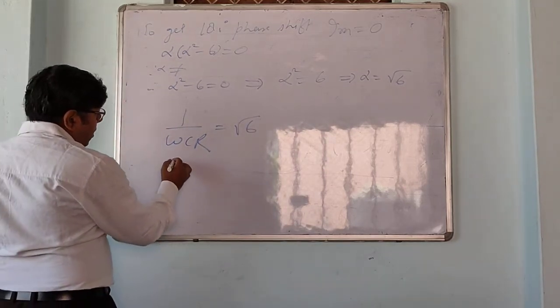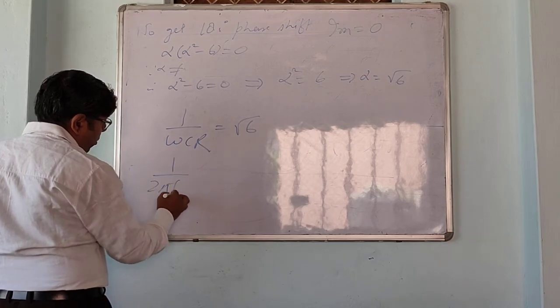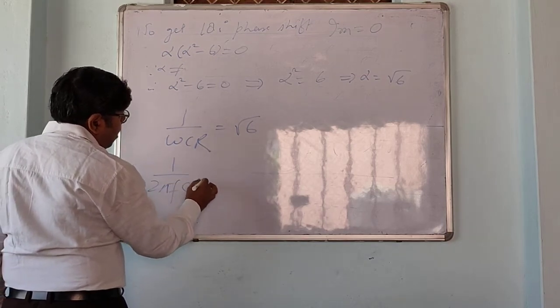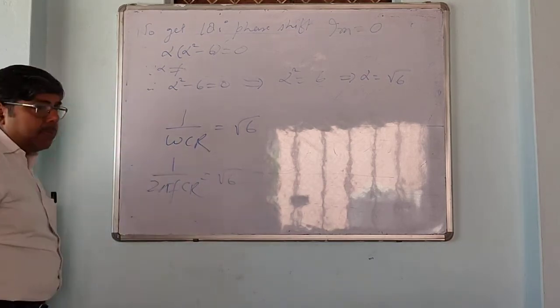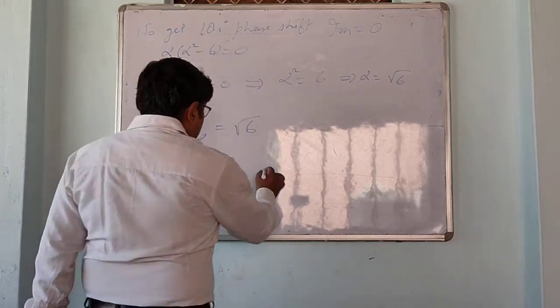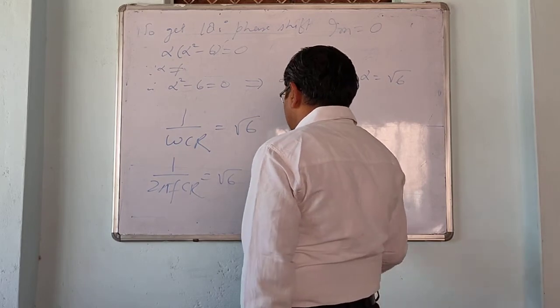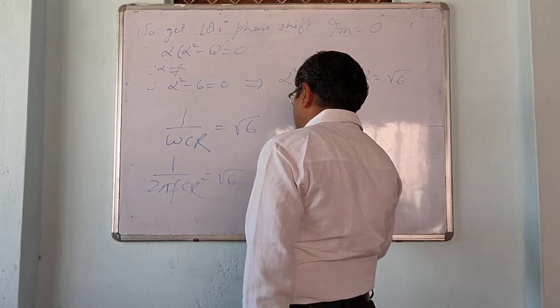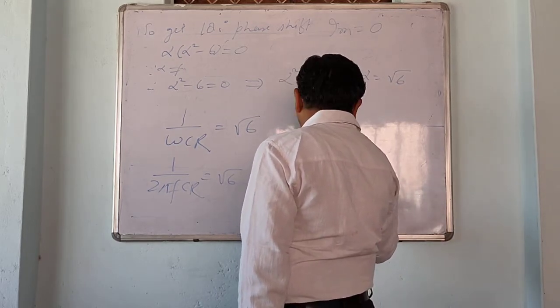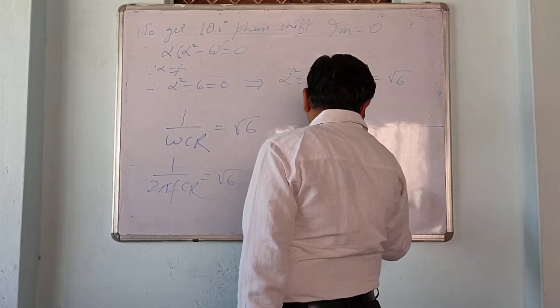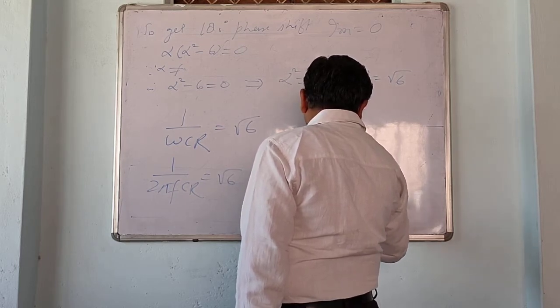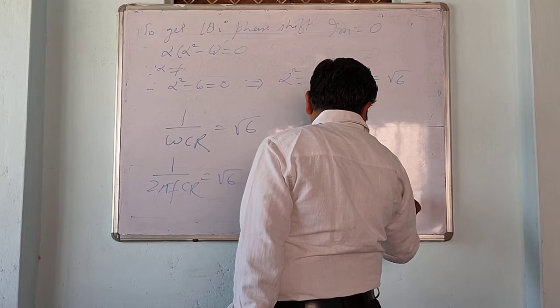And from here, we can write omega equals 2 pi f, this is under root 6. And from here, frequency of oscillation is 1 upon 2 pi CR under root 6.